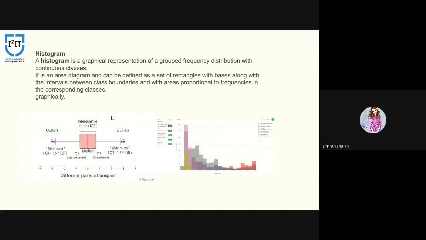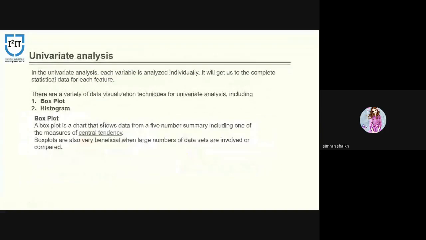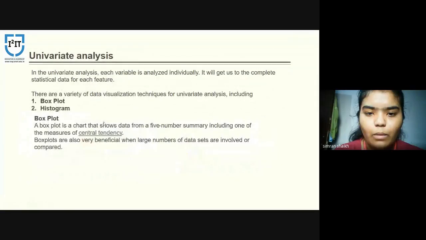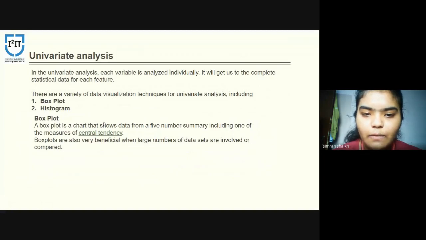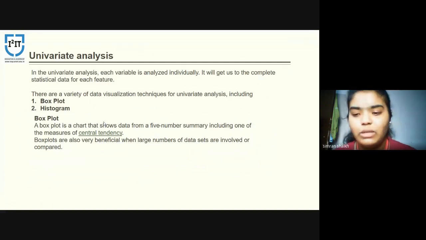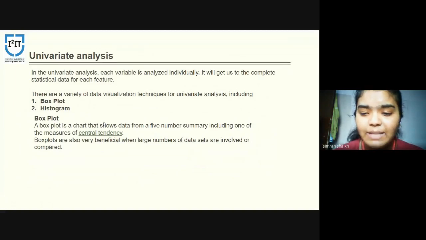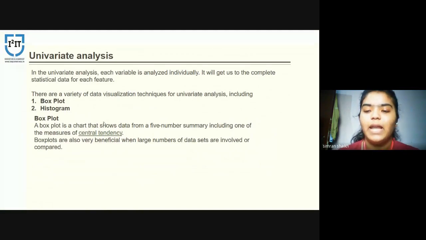The box plot is a chart that shows the five number summary, which includes one of the measures of central tendency. Box plots are also very beneficial for large numbers of data sets. It doesn't show the distribution in particular as much as a stem and leaf plot or histogram does. So box plots are very beneficial when a large number of data sets are involved for comparing.